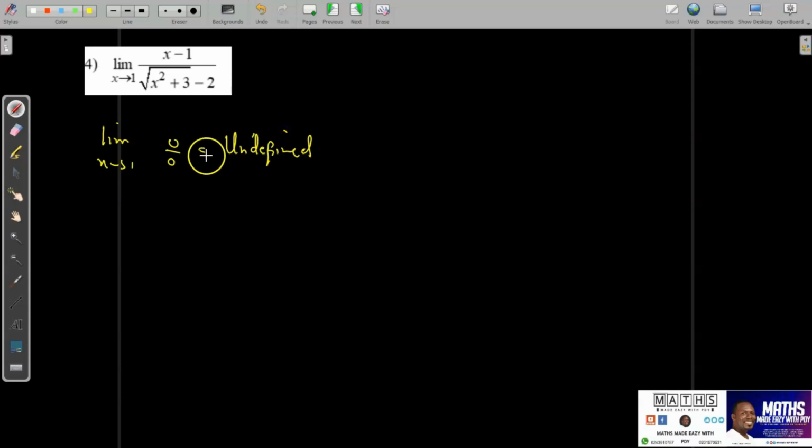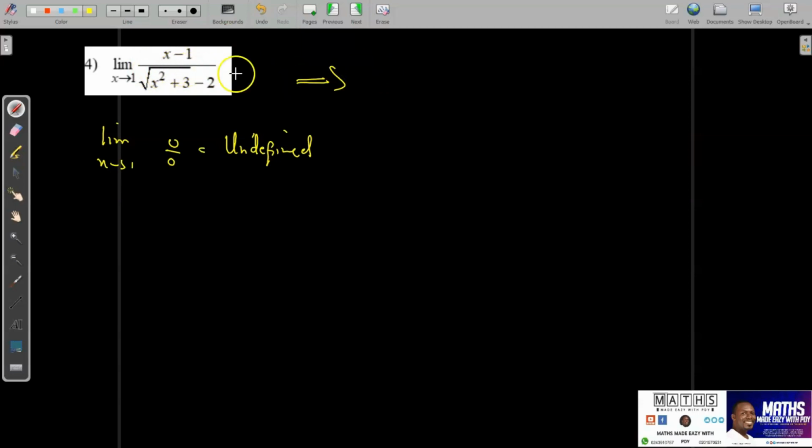Since it is undefined by directly substituting 1, it means we have to find another way of getting the right answer. Since the question involves a surd, we have to rationalize.